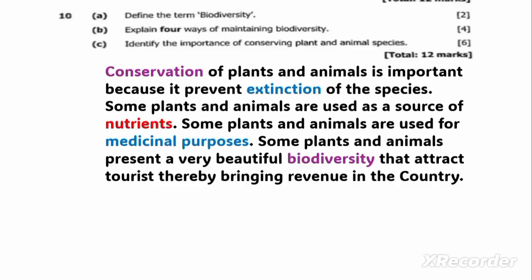So it is important for us to conserve plant and animal species, or to maintain our biodiversity. Okay, so this brings us to the end of this paper. Now let us move on to the next paper.